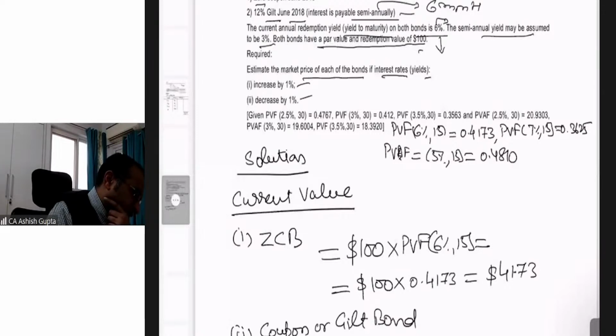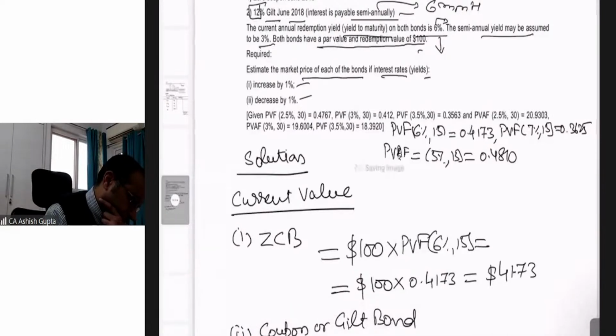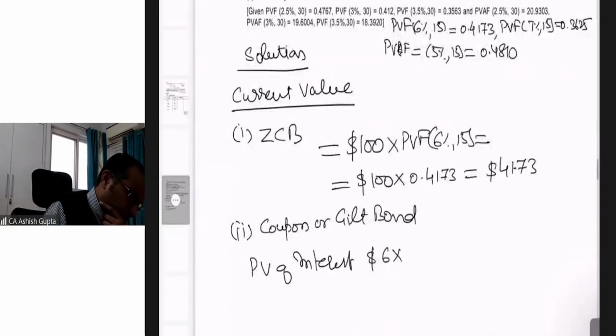Here the bond rate is 12%, so its semi-annual interest will be 6. The PV factor is written by this, 60. Accordingly, we write the interest found as 117.60.